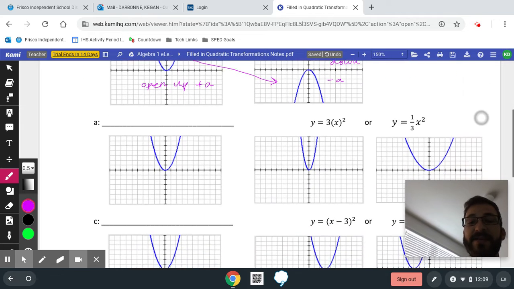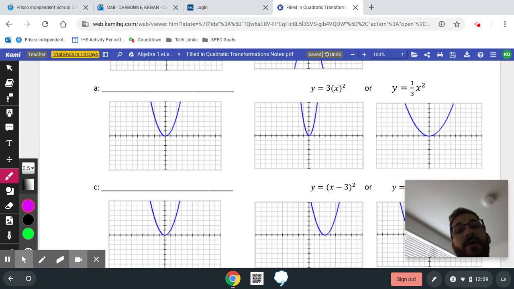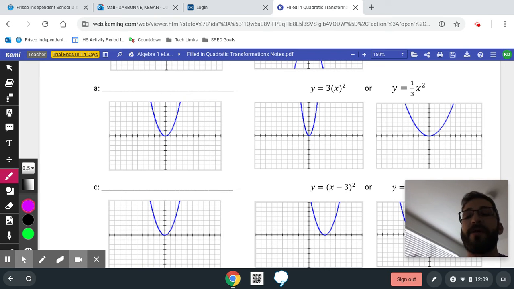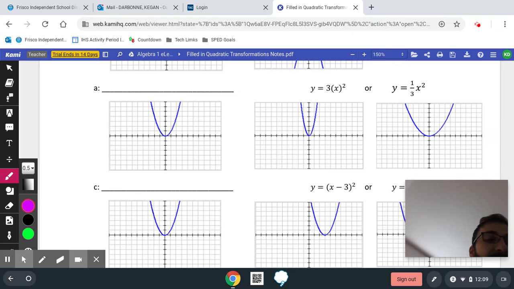All right. The second transformation we're going to talk about is transforming what our A value actually is. Okay. So if our A changes its actual number, so instead of 1, it becomes 3, or it becomes 1/3, so a whole number or a fraction, it's going to cause a vertical stretch or compression. Okay, now stretch and compression, those are kind of weird words.